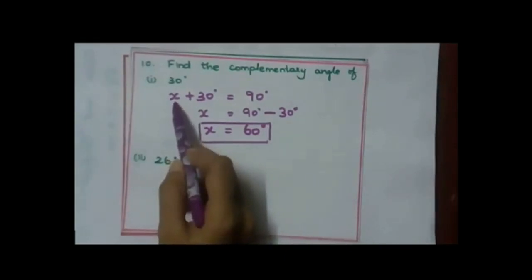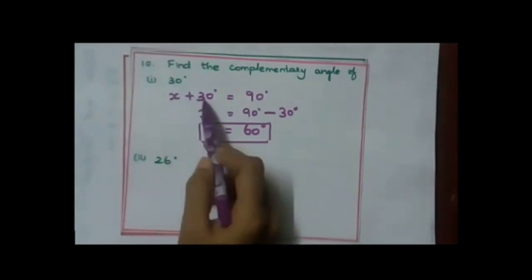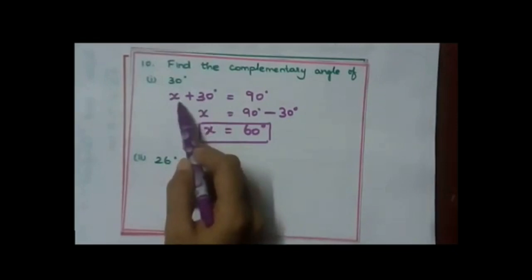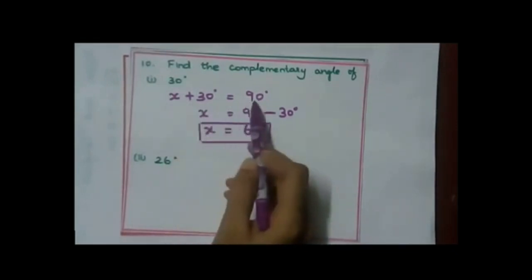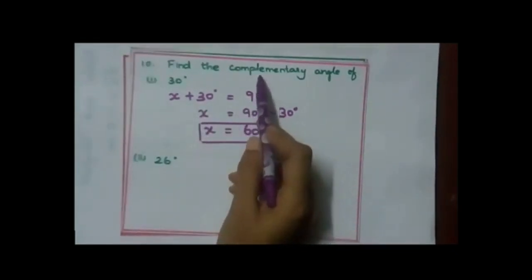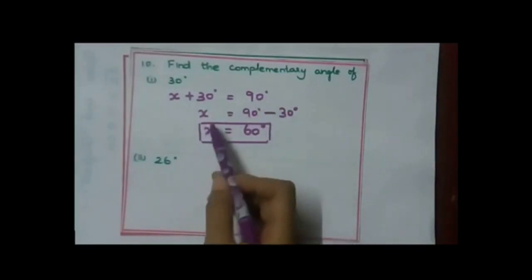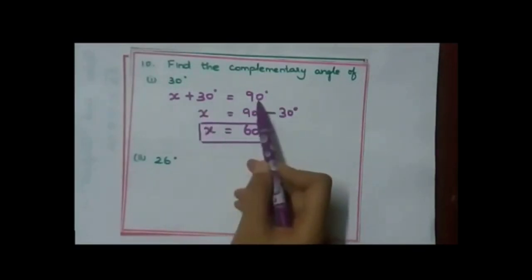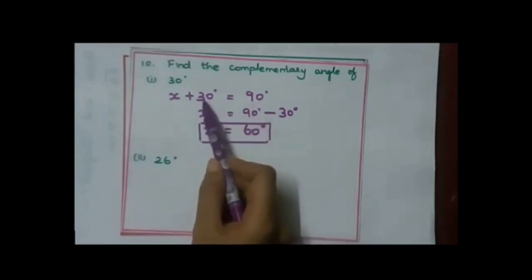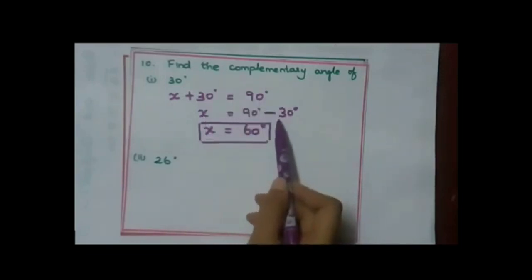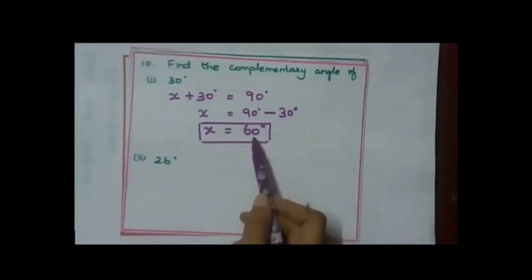First I am writing that angle as x and the given angle as 30 degree. These must add up to 90 because in the question they are given as complementary. So I am writing x plus 30 equal to 90. So I am bringing this 30 to the other side. So 90 minus 30 degree will give 60 degree. So the answer is 60 degree.